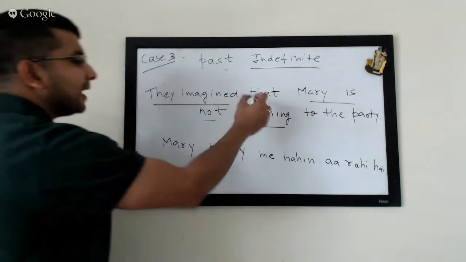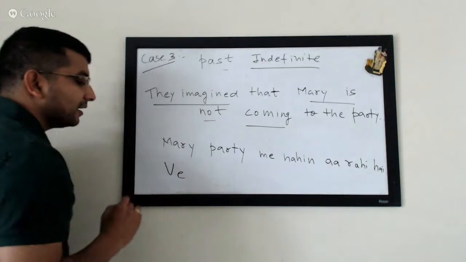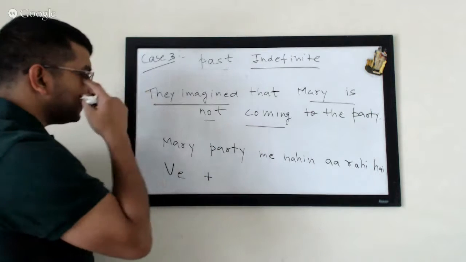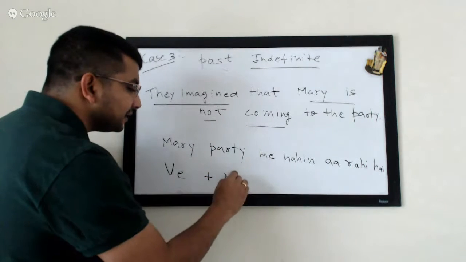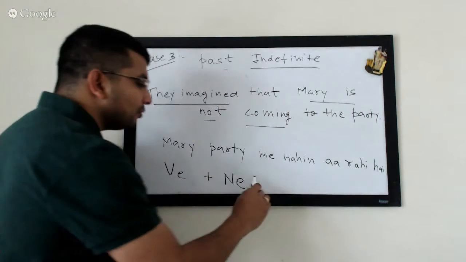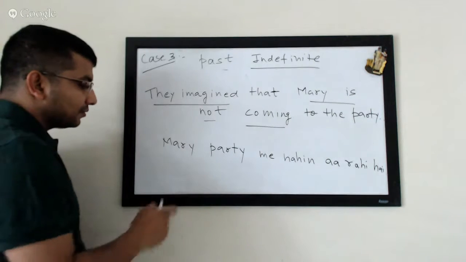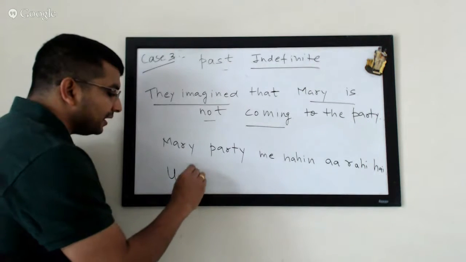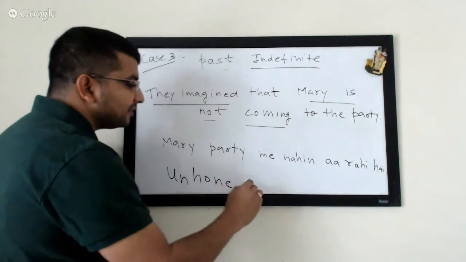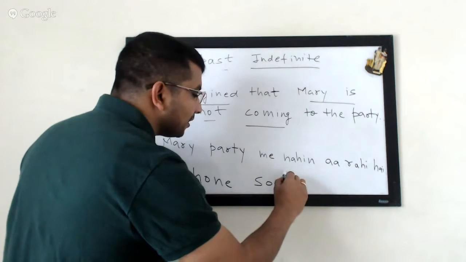Now you have they imagined, right? So they is vah, and because it's past indefinite, it will be vah plus ne. Vah plus ne is equal to उन्होंने. So it will be उन्होंने, and now imagine it would be सोचा. उन्होंने सोचा.